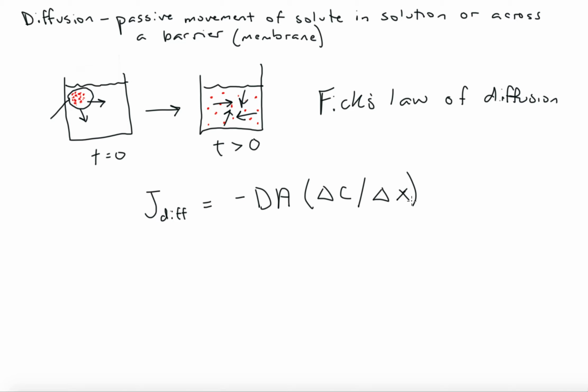Okay. Now, so what are all these elements? Well, let's do some of the easier ones first, right? So remember, J diff is the rate of diffusion. And so that's going to depend on, let's start with D here. D is the diffusion coefficient.